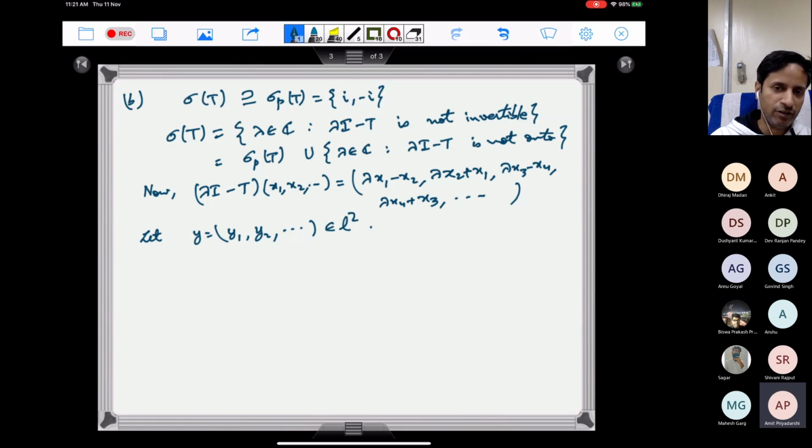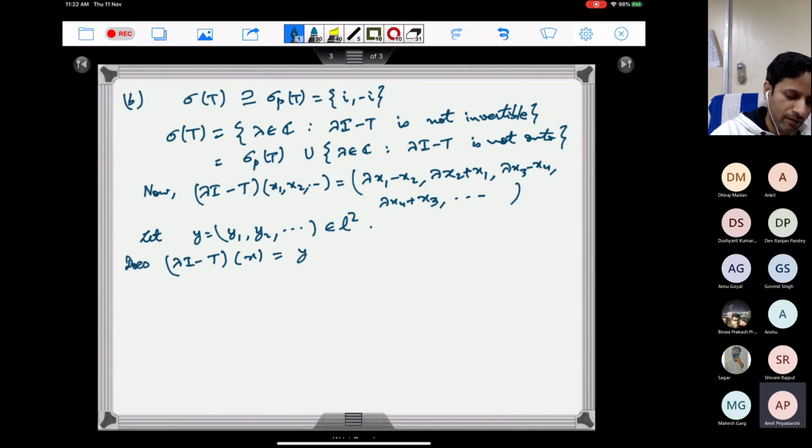So for a given lambda, we want to see whether lambda I minus T of x equals y. Does this have a solution?